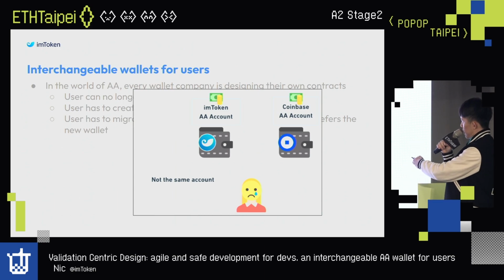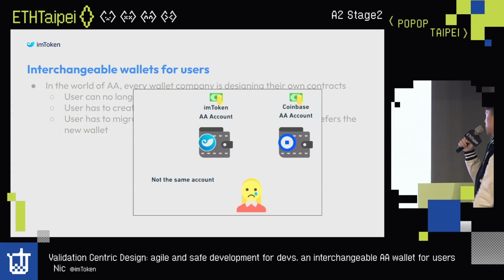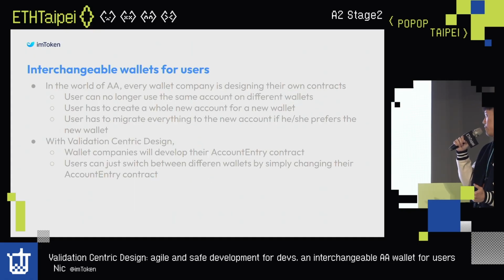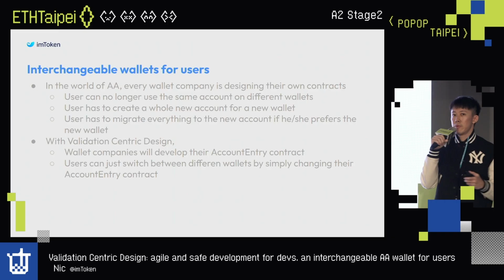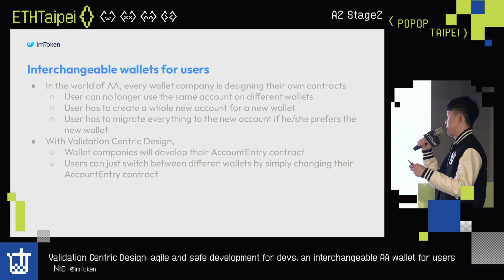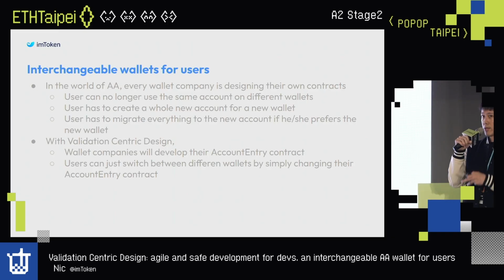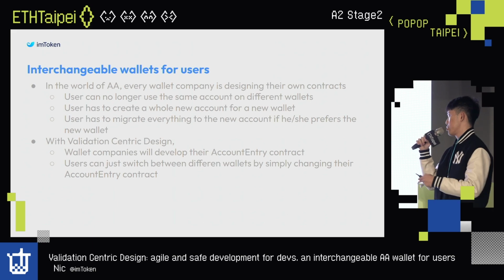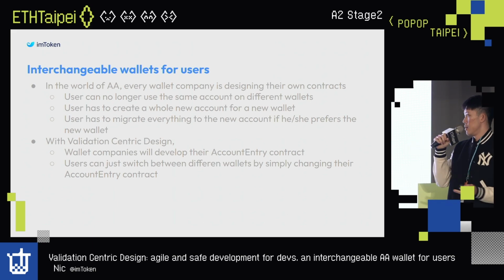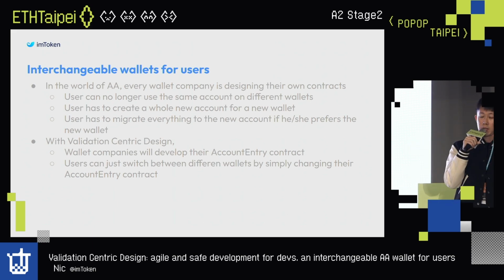If Alice wants to switch to a Coinbase account, she has to migrate all her assets from her imToken account to a Coinbase account. That's going to be quite a trouble. So imagine with validation-centric design, wallet companies will focus on developing their account entry contracts, handling all the complexities, and users can just switch between different wallets by simply changing their account entry contract.